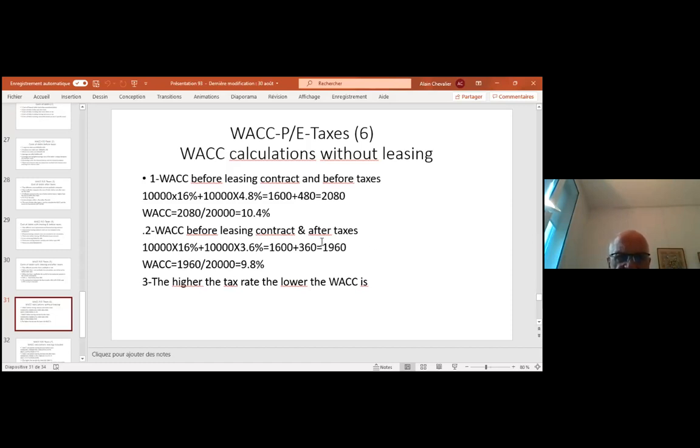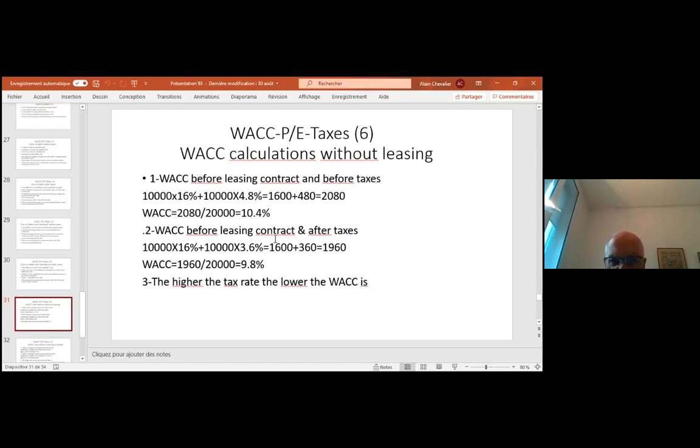So we make the calculation, 10,000 multiplied by 16%, plus 10,000 multiplied by 4.8%. This calculation is before taxes and before leasing here. Make the calculation, 1,600 plus 480, which is 2,080. And with a total amount of resources of 10 plus 10, which is 20,000, we get 10.4% for the WACC.